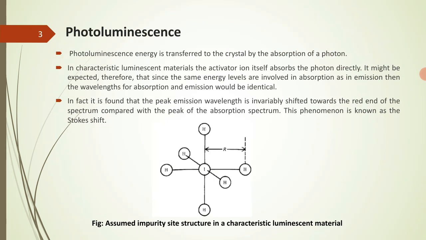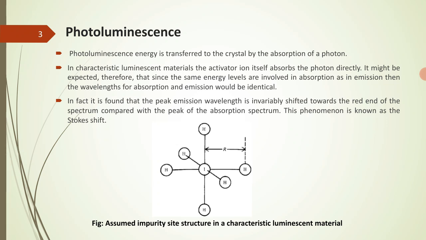Here the electronic transition between the two energy levels E1 and E2 gives emission of radiation of wavelength lambda, where h nu divided by lambda naught is equal to the difference between the two energy levels.